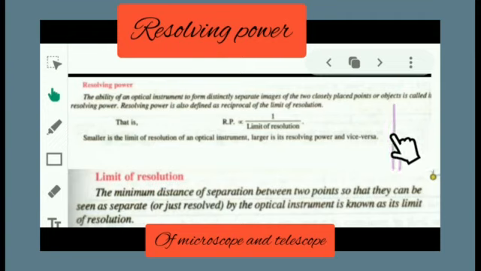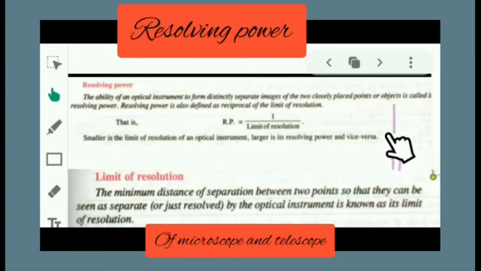So what is resolving power? Resolving power is the ability of an optical instrument to produce two distinct images of two objects which are very close to each other. Usually, when seeing with the naked eye, we cannot distinguish two lines here because the image of one line and the image of the other line superimpose each other.